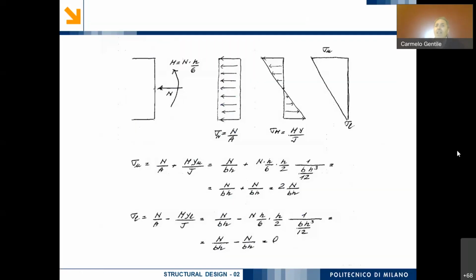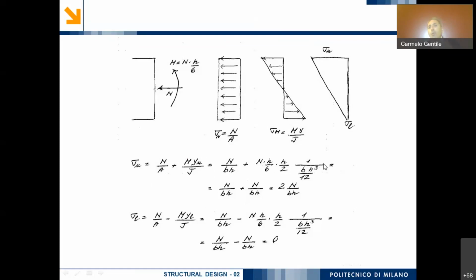So let's try to make the computation. N over A, but I know that A is equal to b times h. M times the upper value of epsilon. The upper value of epsilon is, of course, h over 2. The value of the bending moment is N times h over 6.